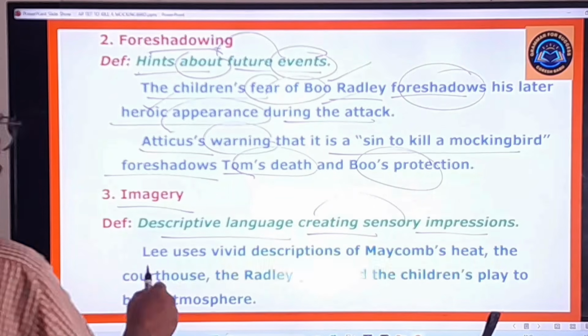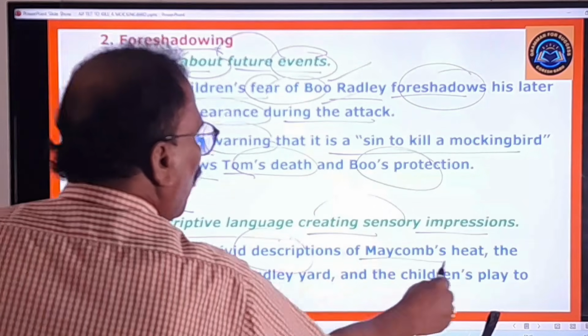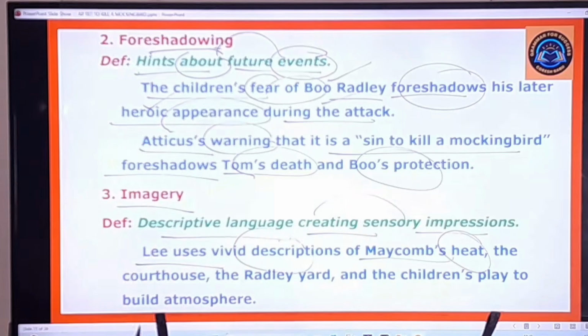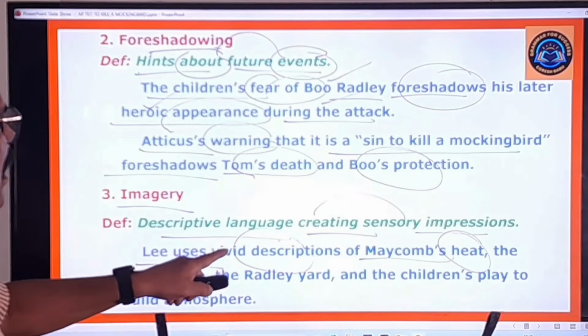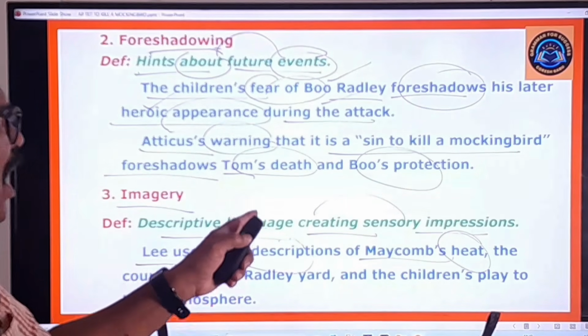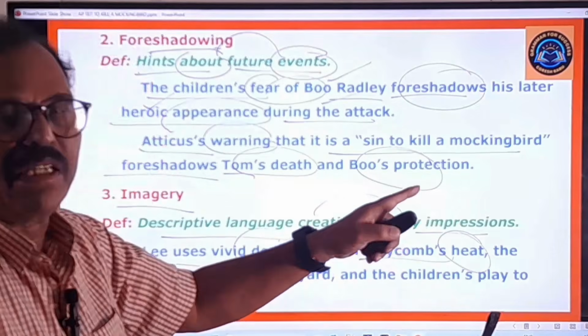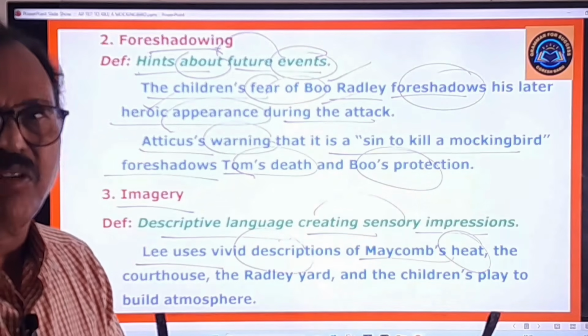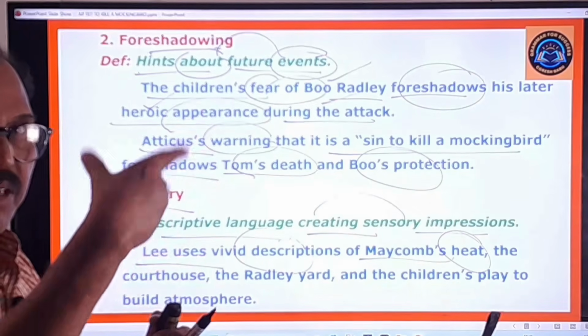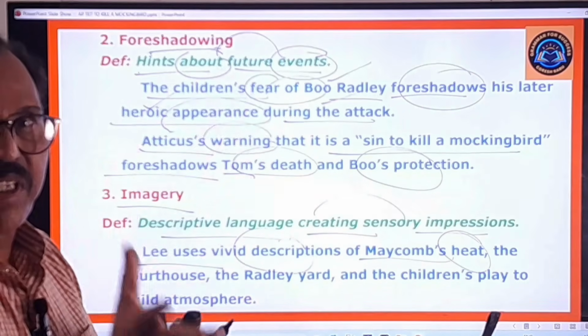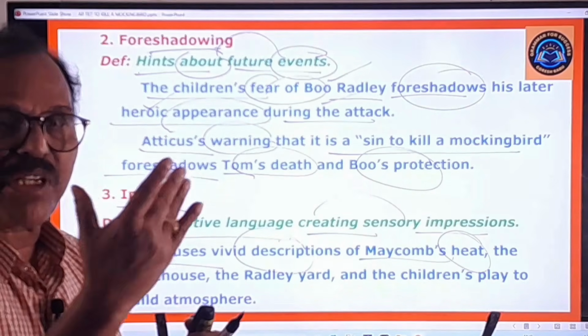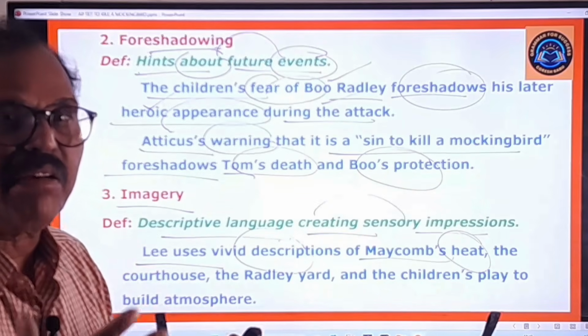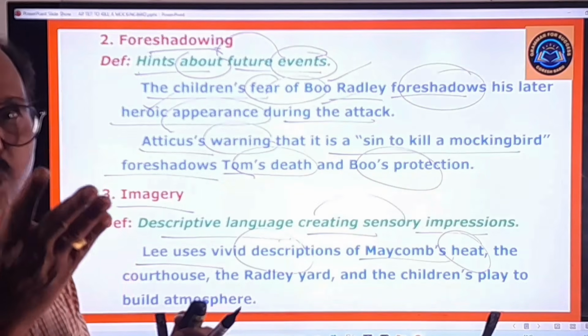And here Lee uses vivid descriptions of Maycomb's heat. So here Harper Lee gives us a vivid description about Maycomb's heat. In the town of Maycomb, there was a lot of heat, and about that heat, she gives a vivid description. From that vivid description, you understand how much heat there was in Maycomb at that time.